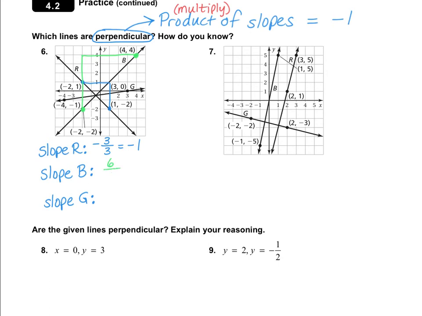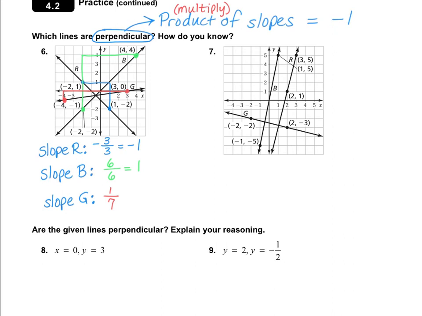So positive 6 over 6 equals positive 1. The slope of G has these 2 points here and here. I'm going to count up and over, and I count up 1 and over 1, 2, 3, 4, 5, 6, 7. So up 1 and over 7 in the positive direction.